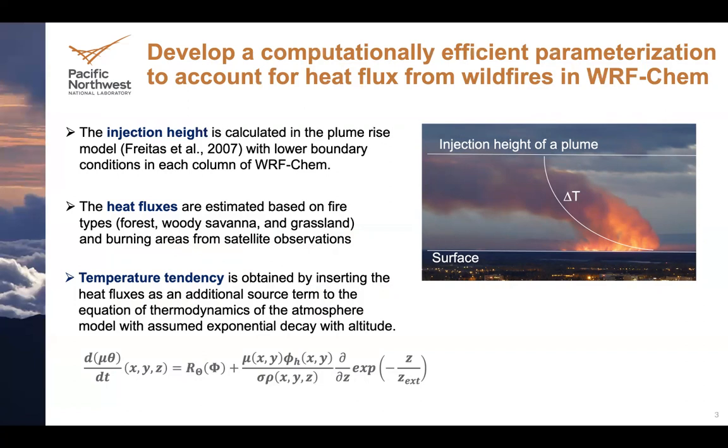So the first step is we develop parameterizations to account for the heat flux from wildfires in the WRF. The major point here is that we add a temperature tendency, which comes from the wildfire heat flux, and insert it as an additional source term in the thermodynamic equation.